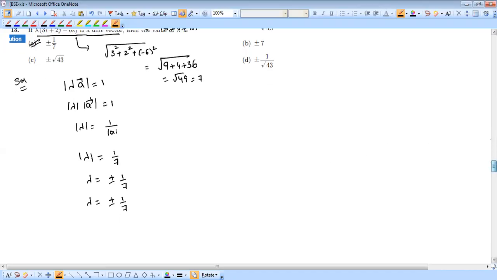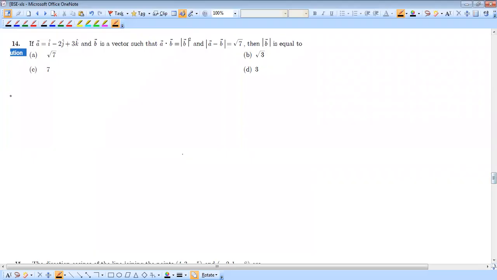Next one, the 14th question. A vector is equal to i minus 2j plus 3k and B vector is a vector such that A dot B is equal to modulus B square and modulus of A minus B is equal to root 7. Find the modulus of B. See, it is given that A dot B is equal to modulus B square.